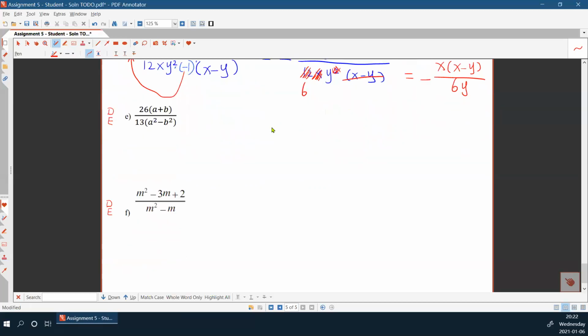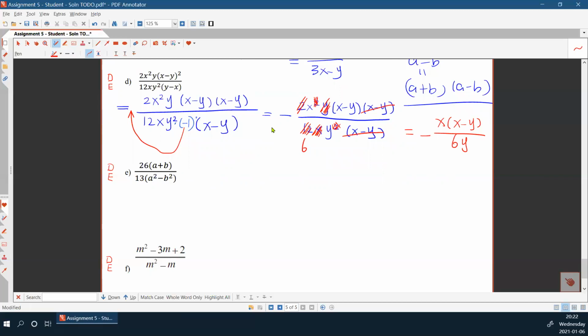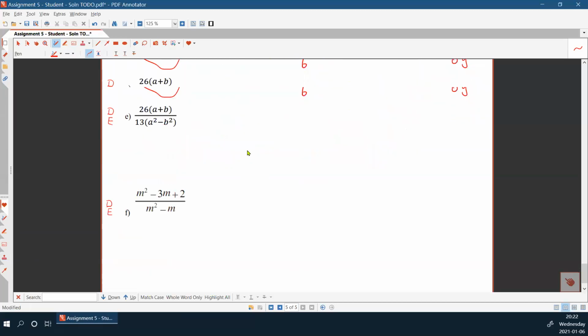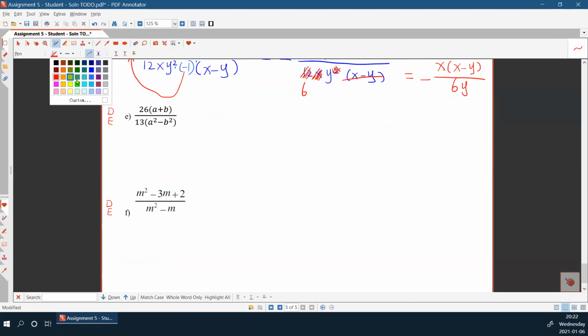Again, if you have made an error, please put this question in your error book in case you can refer to it when you meet a similar question in the future. Okay, next one, following the same rule. Try to factor the numerator and denominator first.